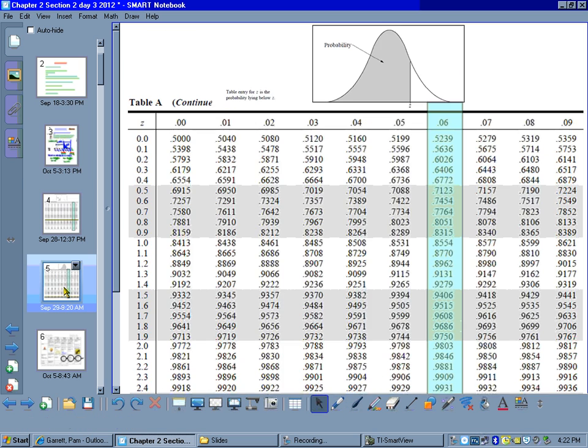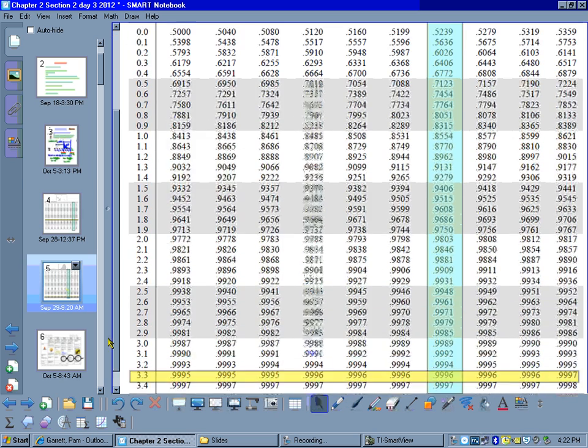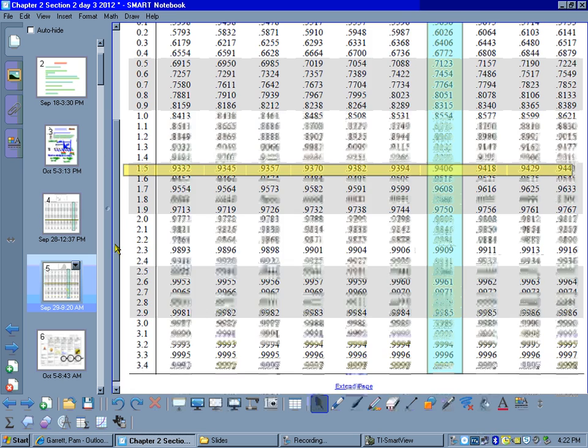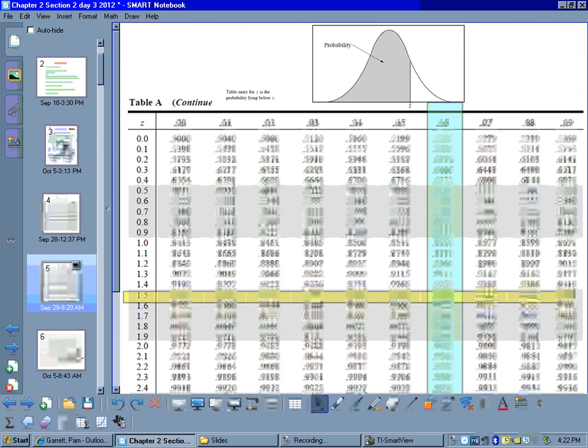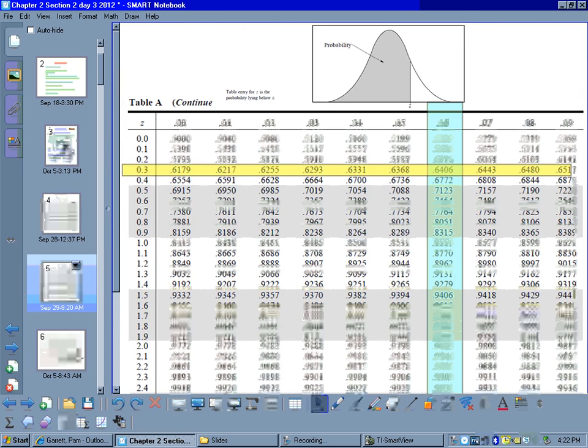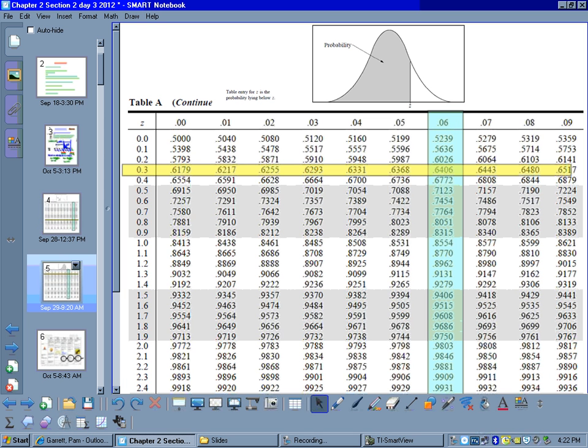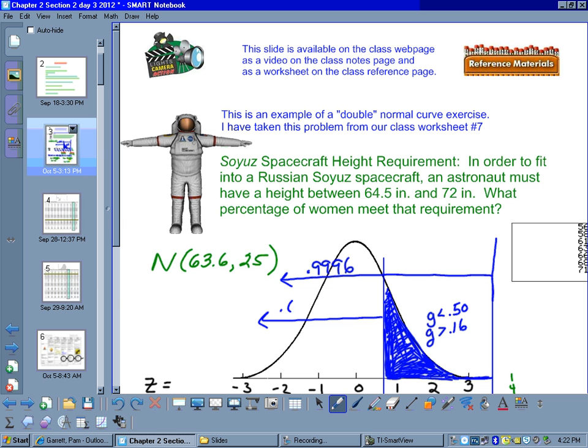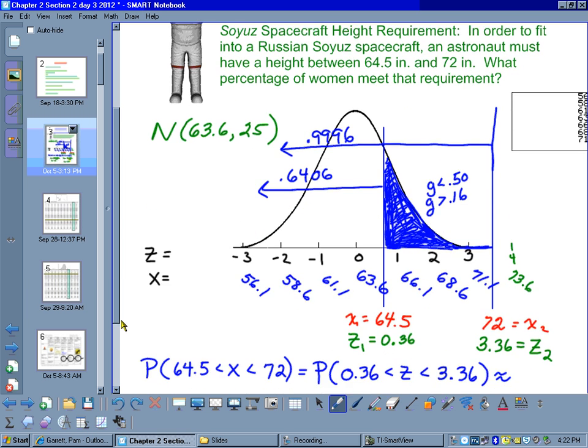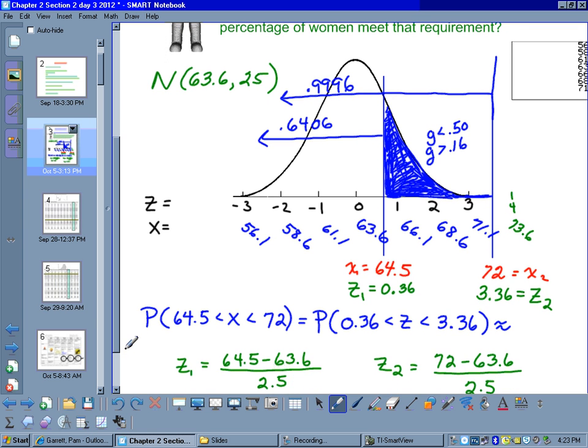And now I'm going to look up 0.36. So 0.3, and the 6 can remain where it is. I get 0.6406. So by subtraction of those two values, I will have my final answer.